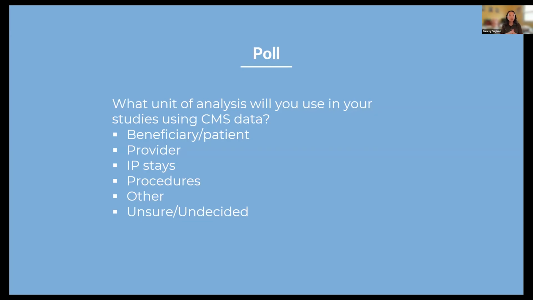Seems pretty chill now. It looks like most of you will be working at the beneficiary and patient level, so great. For those of you choosing other options, even unsure and undecided, that's totally okay. Again, this is helping you conceptualize the ways to not only design your study, right, but also to design the analytic file that you'll be using for your study.